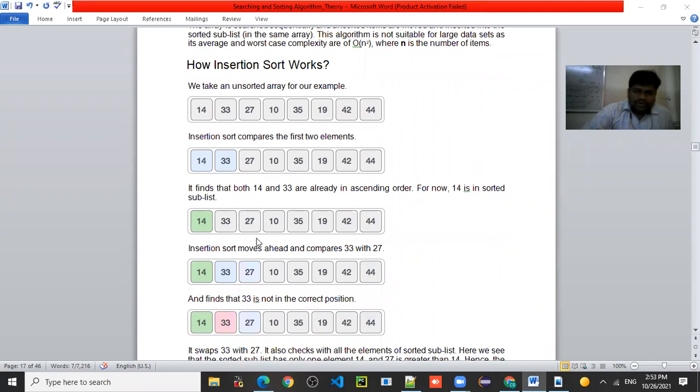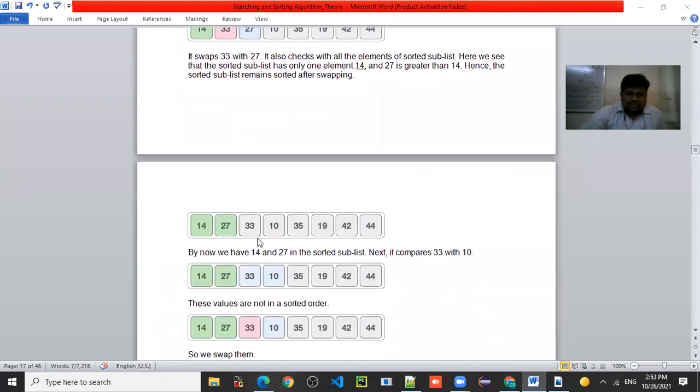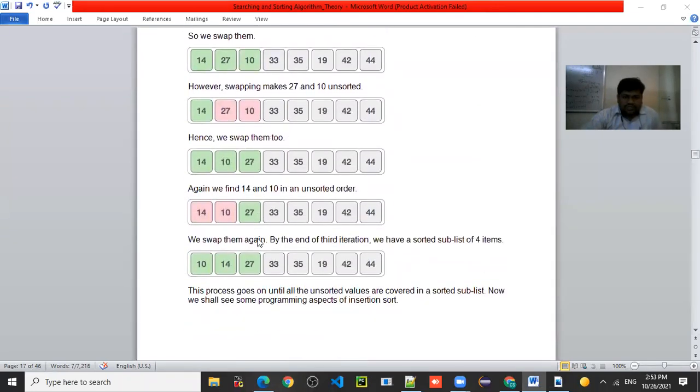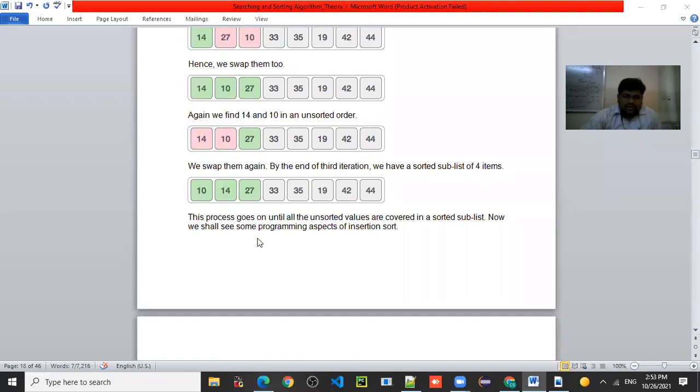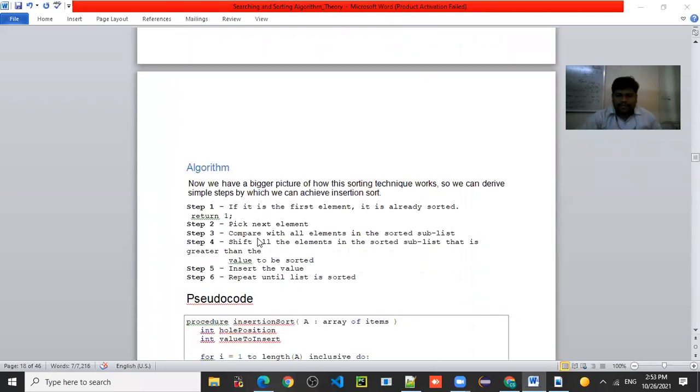So I hope all of you understood bubble sort and after that insertion sort. Is there any question related to the theoretical concept of insertion sort? Now this is the algorithm. Is it visible to all? Yes, sir.